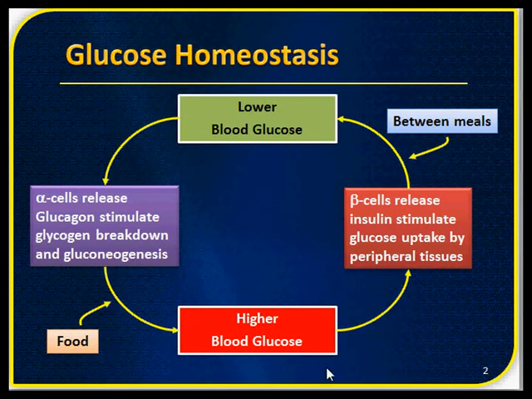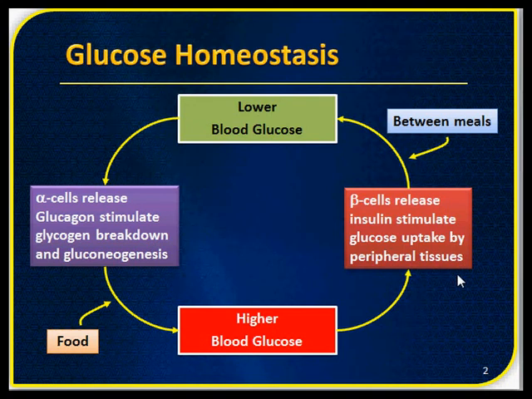Look at a scenario where the blood sugar is higher than normal, let's say 150, 200. Immediately it is now the beta cells of the pancreas, instead of the alpha cells, that are stimulated, and they produce insulin, which in turn stimulates glucose uptake by the peripheral tissues.